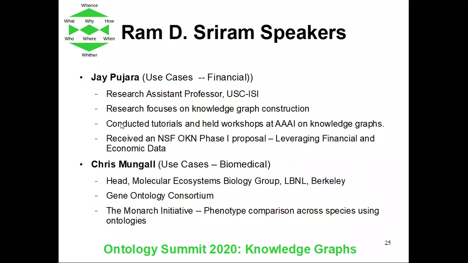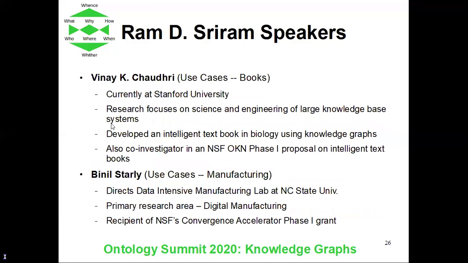And then the Monarch Initiative, which actually does phenotype comparison across species using ontologies. Like, for example, you want to map between the rat and the human species. There are some ontologies in both the species which are kind of common, and you can map across that, and it's very useful. So again, I think we're going to get some very interesting aspects of knowledge graphs from him.